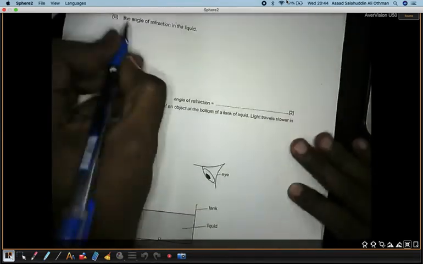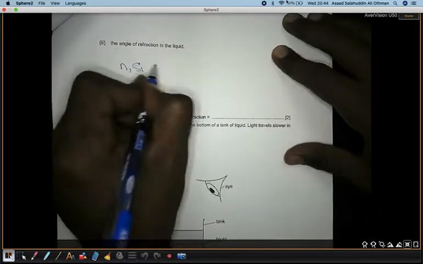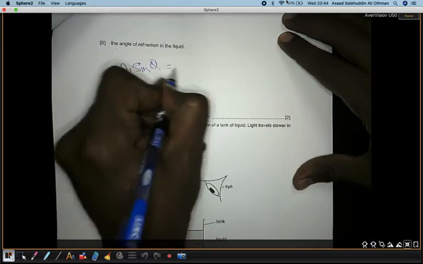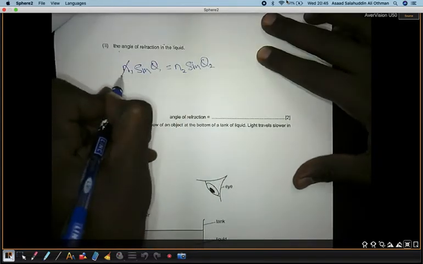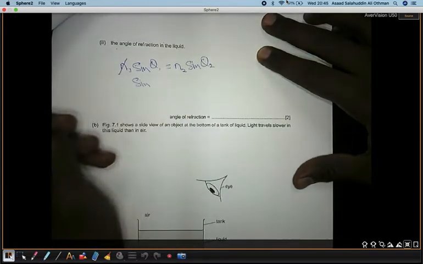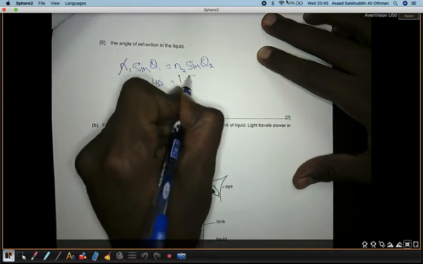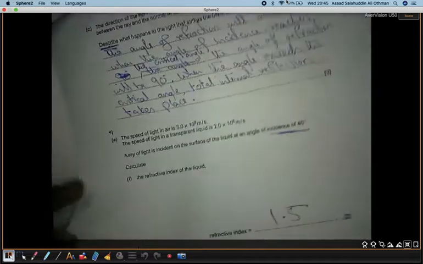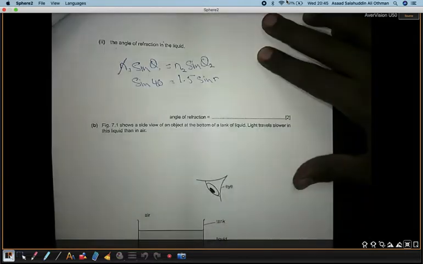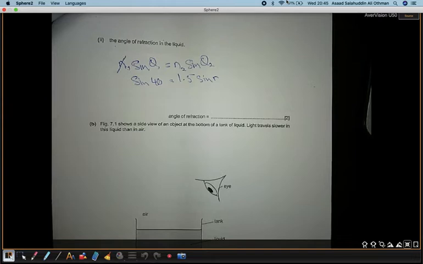N1 sine theta 1 equals N2 sine theta 2. N1 is air. Sine 40 equals 1.5 sine R. You just do the same thing as we used to do.